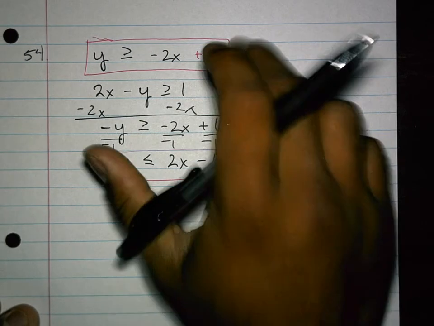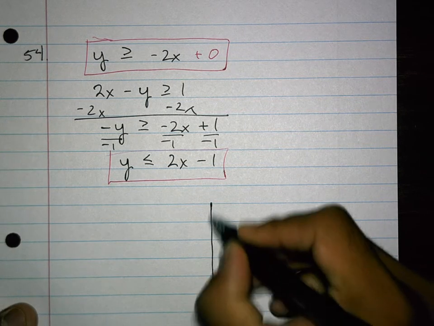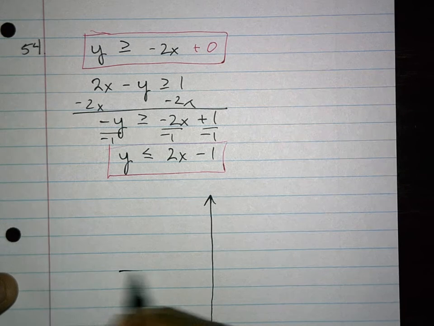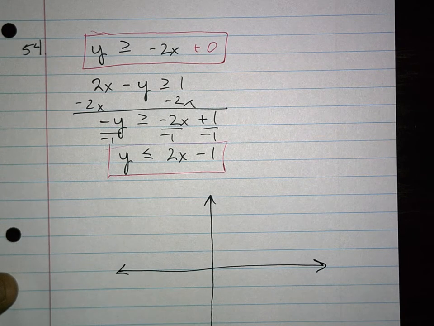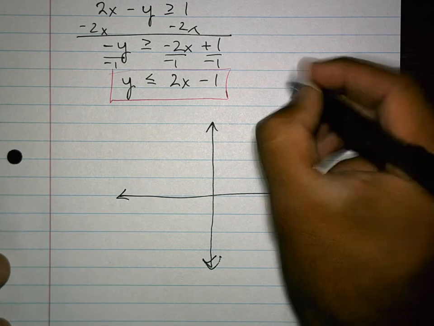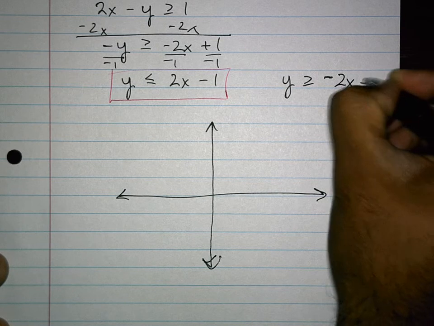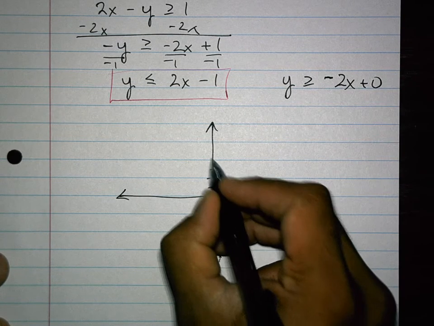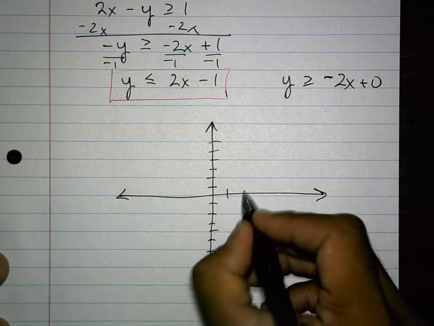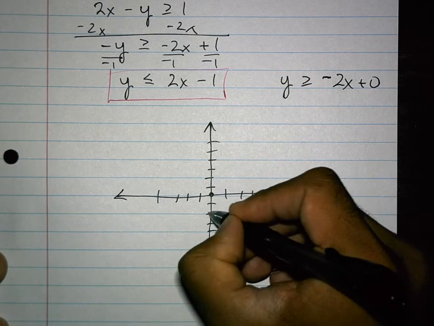So let's start with this one up here. So the first equation I'm going to graph, I'm going to rewrite it here because I know we can't see it anymore, has a y-intercept of 0, and it goes down 2 spaces over a space.